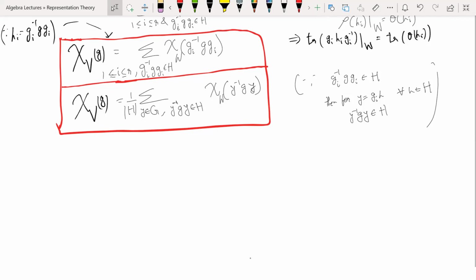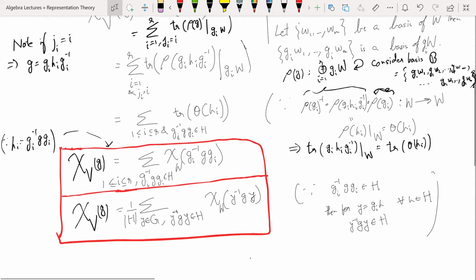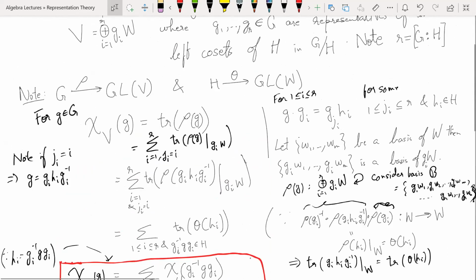And then there is another thing called Frobenius reciprocity, and that is about pairing. We will do those two things a little later. Maybe we should do some examples first.